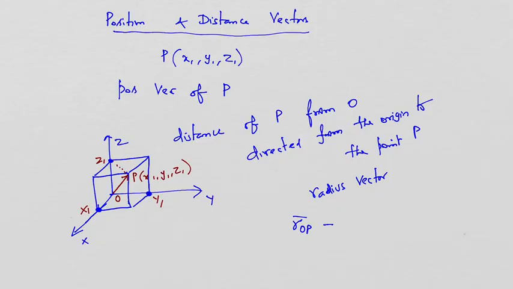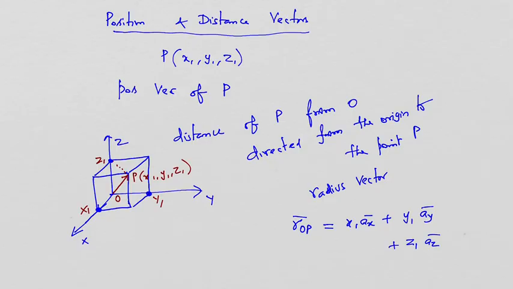How will you represent this? This is represented as x1 minus 0 aX, because the coordinate of the origin is 0, 0, 0, and the coordinate of the point P is x1, y1, z1. So obviously x1 minus 0 aX, y1 minus 0 aY, plus z1 minus 0 aZ.